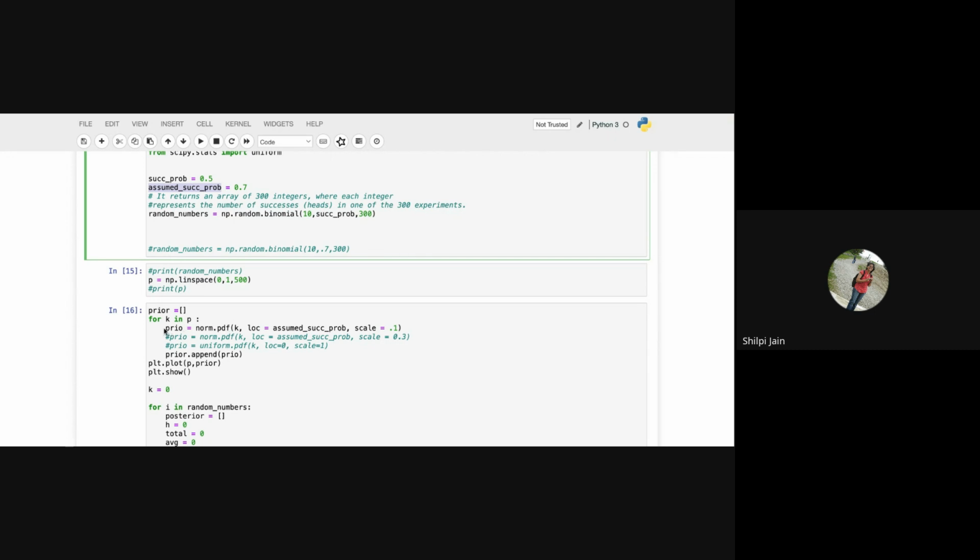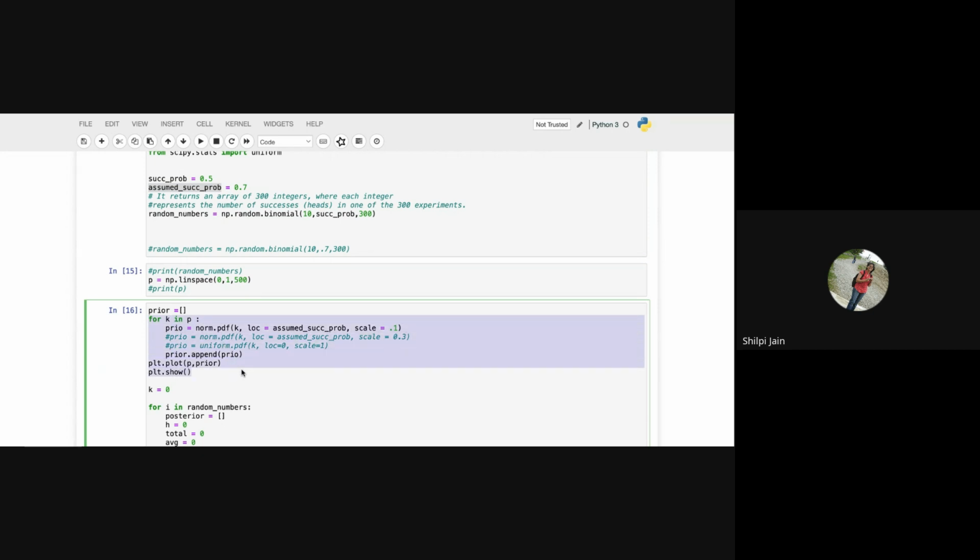And then I just form a prior. So at each location of P, the probability of getting a success, I'm getting a Gaussian height. So this is what I formed as the prior.